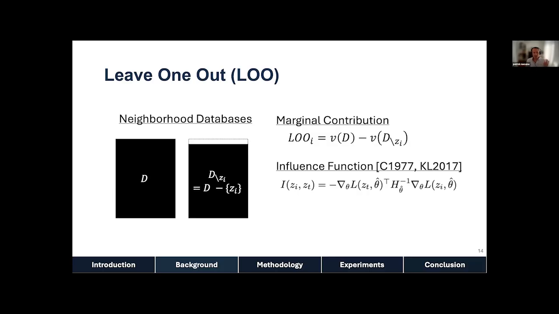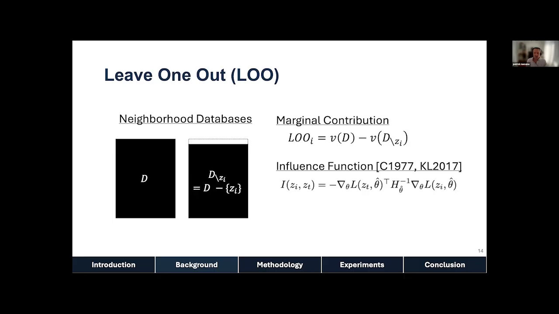What you can do is simply to build a second data set without that data point and train the model on both of these data sets, and you compute using any value function the contribution, and this is what we call the marginal contribution or the leave one out value of a data point.